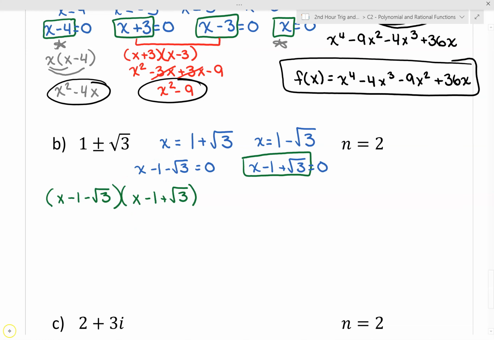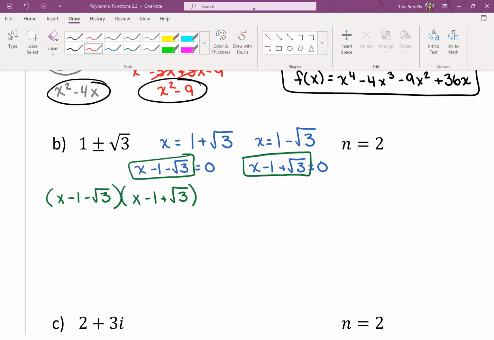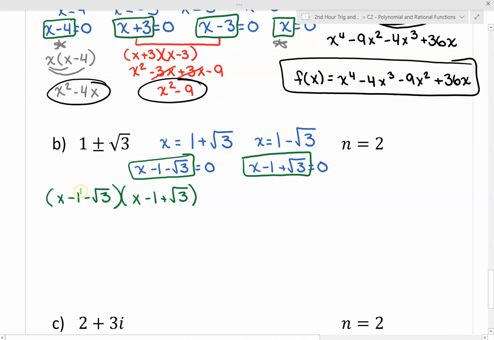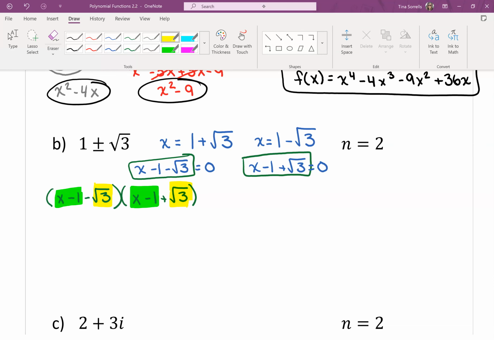Okay, so instead of distributing the trinomial, what I want you guys to look at is we have an x minus 1 here. And then we have the square root of 3 here and the square root of 3 here. And then notice in between my highlighting, one's positive and one's negative. So we actually have a difference of squares here.